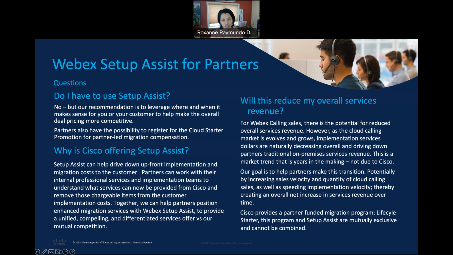This is a market trend that is years in the making, and it is not due to Cisco. Our goal, Cisco's goal, is to help our partners make this transition. By increasing sales velocity and the movement to cloud calling sales, the ultimate goal is to speed up our implementation velocity.